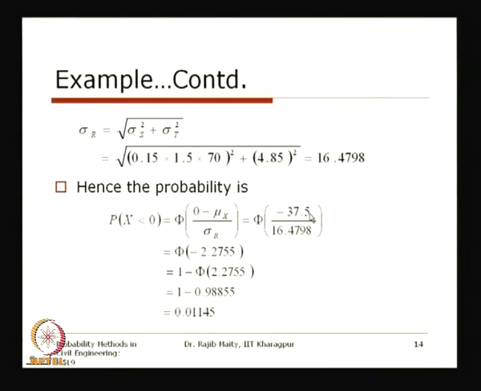So, 0 minus 37.5 divided by the standard deviation 16.4798, which is phi of minus 2.2755.